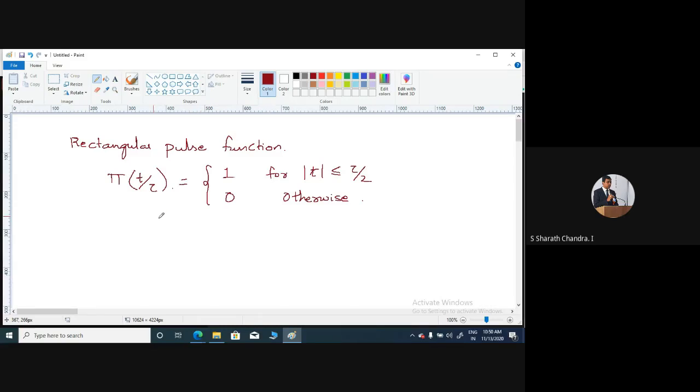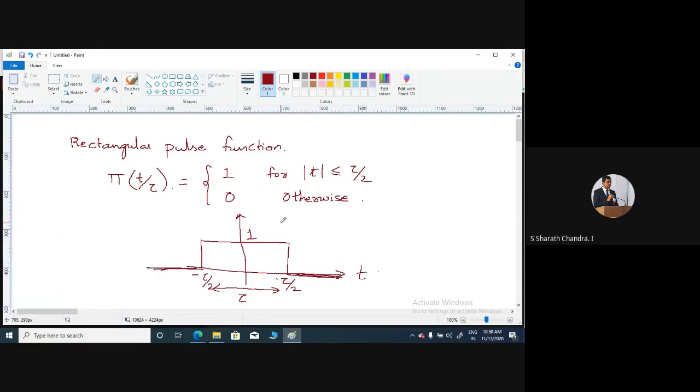This is how we generally define the rectangular pulse function mathematically, and it is an even function of t. We could see this by viewing the graphical representation, where it takes the value of unit amplitude between minus tau by 2 and tau by 2. Therefore, the rectangular pulse width in this case is equal to tau, the amplitude during this period is equal to 1, and for all the rest of the values of t, it is equal to 0.